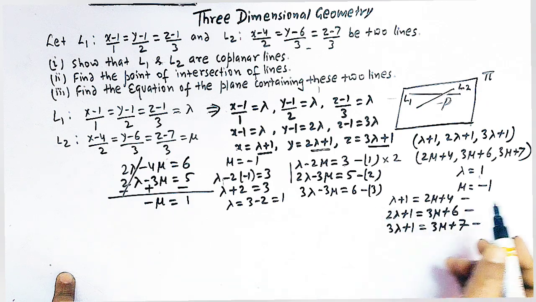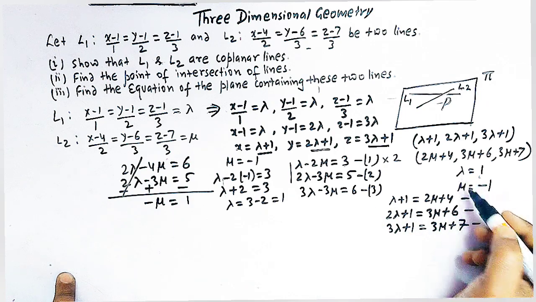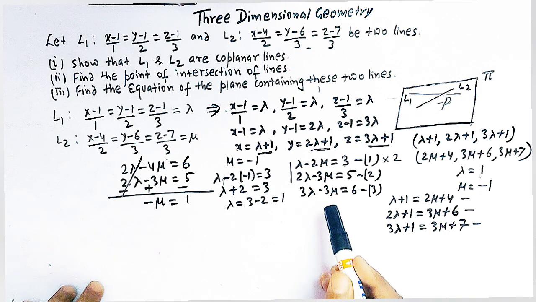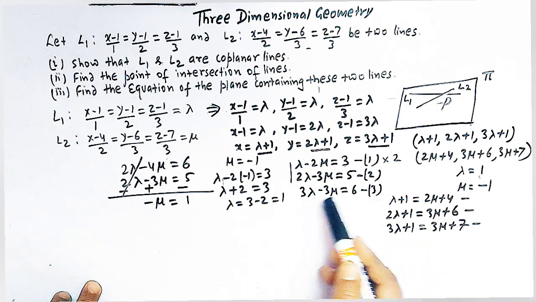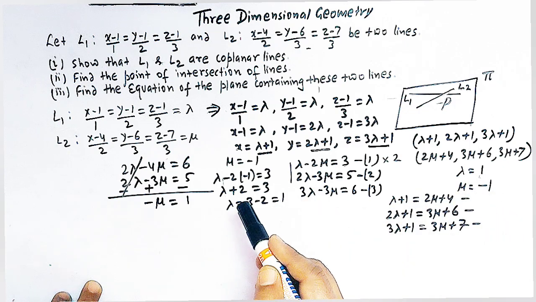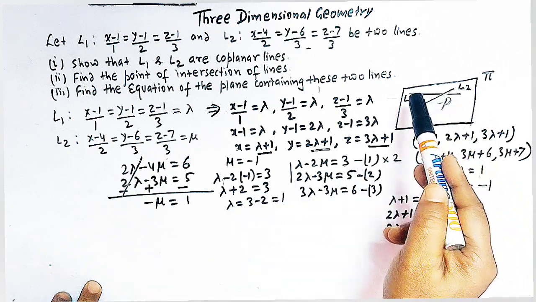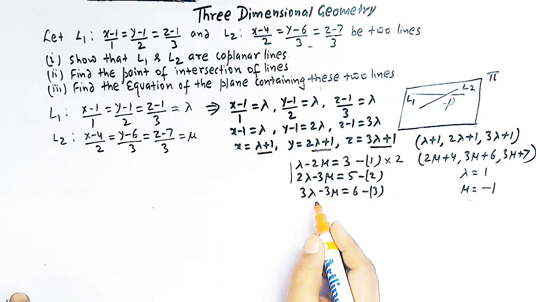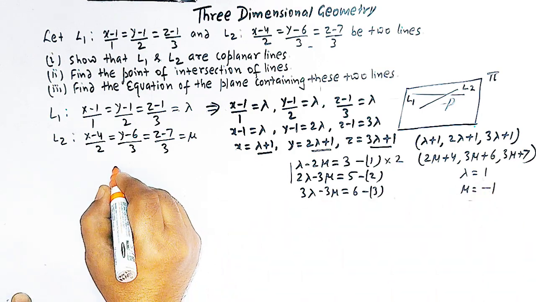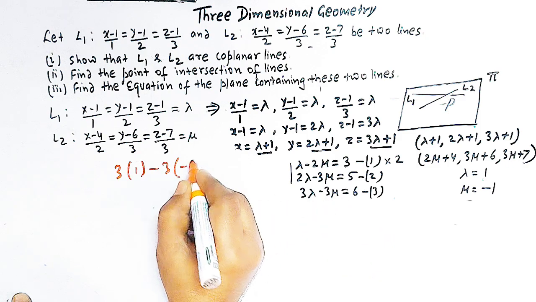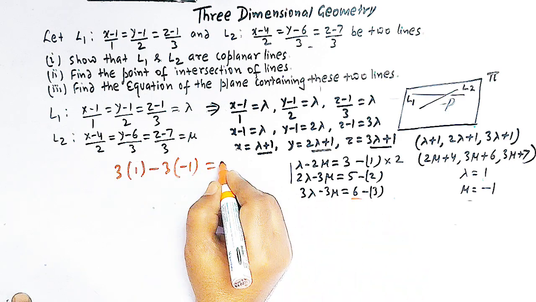Okay, so now let us substitute the value of lambda and mu in equation number 3. If equation 3 is satisfied by these two values, then we can claim that this point P is the point of intersection of the two lines L1 and L2. So now lambda is 1, so we have 3 times 1, then we have minus 3 times minus 1, and here we have 6.